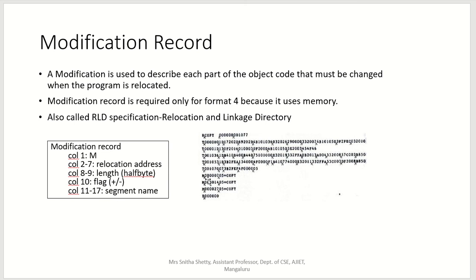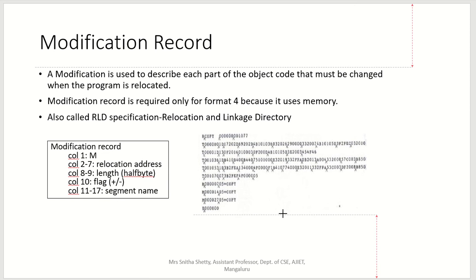Now you can see here that you can find M. M indicates it is a modification record. From column 2 to 7, it is the relocation address.